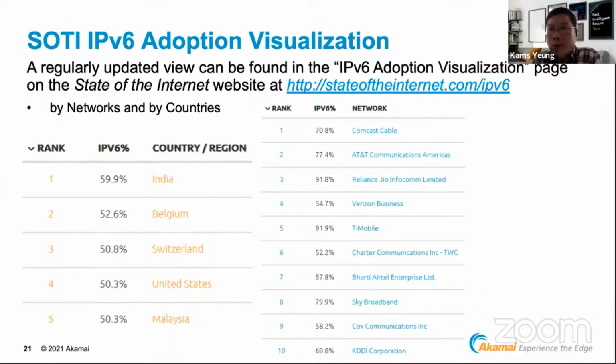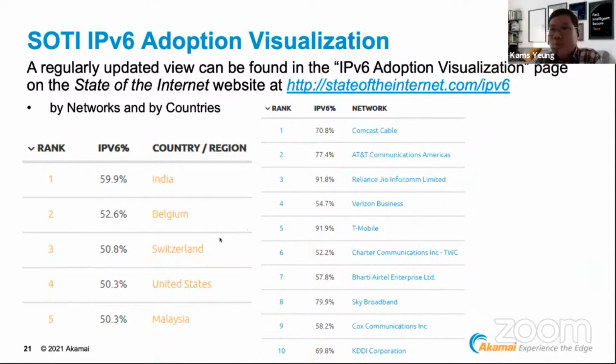So we collect data like how many users are connecting to us using V6. We collect a lot of different data, not only V6, and we publish a report called SOTI, the State of the Internet Report, which you can check out on our website. If you are particularly looking for V6 data, you can go to stateoftheinternet.com/Ipv6.